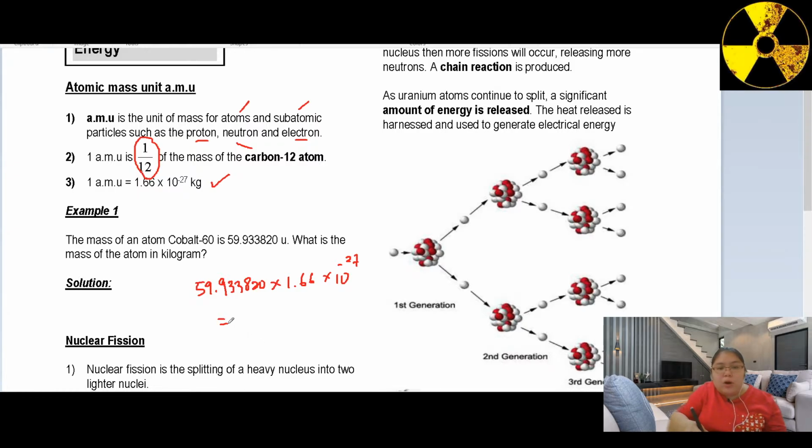Now you have converted to kilograms. Your answer should be very small, 9.9490, write the full number, times 10 power of negative 26 kilograms. So this is how to convert the mass of cobalt from AMU to kilograms.